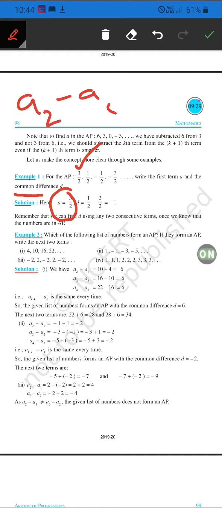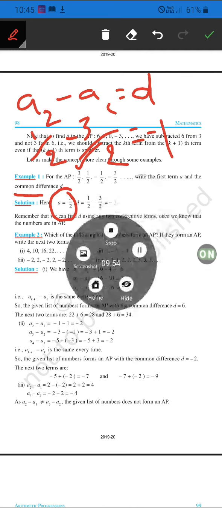That is D. The second number is 1 by 2, minus the first term 3 by 2. What is 1 by 2 minus 3 by 2? That is minus 1. You can check it afterwards, by using fraction subtraction.